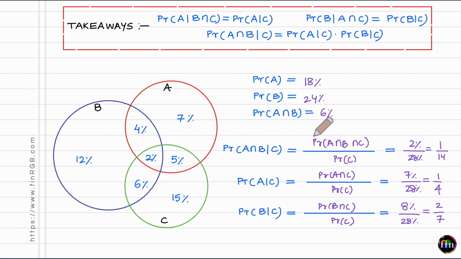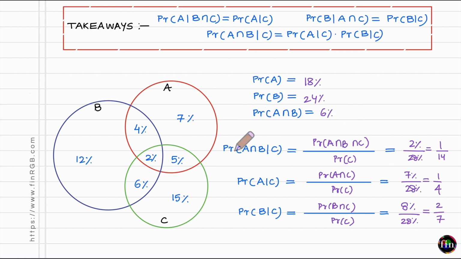So this numerical example is telling me that while A and B are unconditionally dependent, A and B are conditionally independent given event C. What we've established using this solved example is one more takeaway for you to remember, and that is conditional independence and unconditional independence do not imply each other.